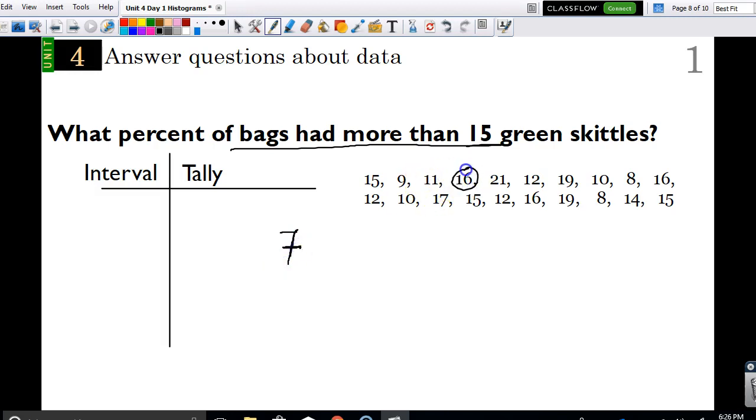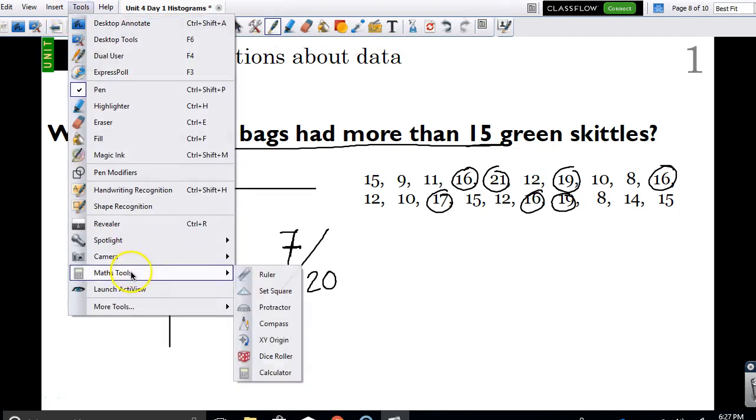I meant to circle the one next to it. 1, 2, 3, 4, 5, 6, 7. Those are all the ones that are more. And then what percent is how many out of 100? Well, 7 out of 20 bags had more than 15. And of course, I'm going to use a calculator to divide. Let me pull it up here.